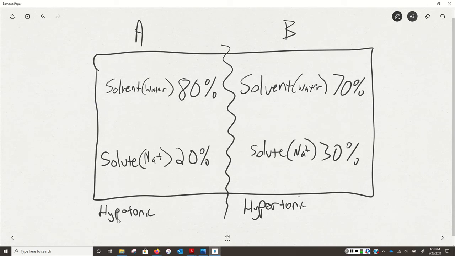Hypo, we said, means less than, beneath, under. Hypodermic needles go under your skin. Hypo, below, less than, under. But let me erase this and give you another scenario. Let's say instead of these numbers, and we'll come back to these numbers in a moment.